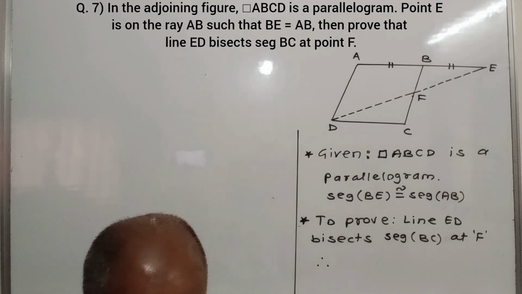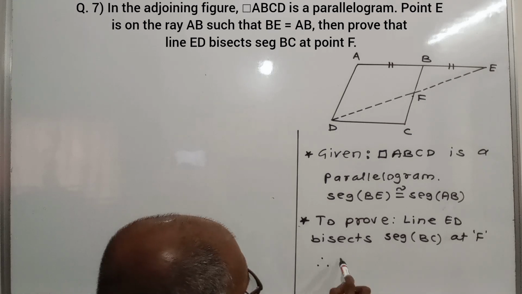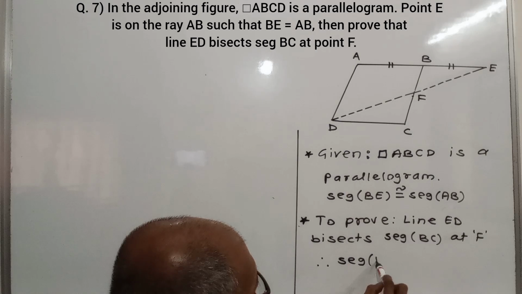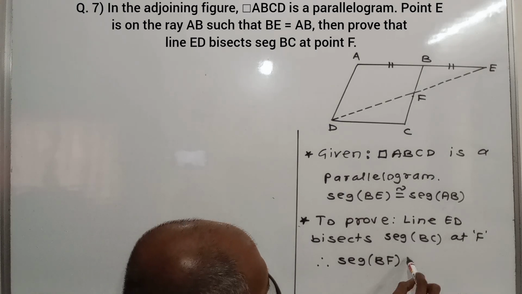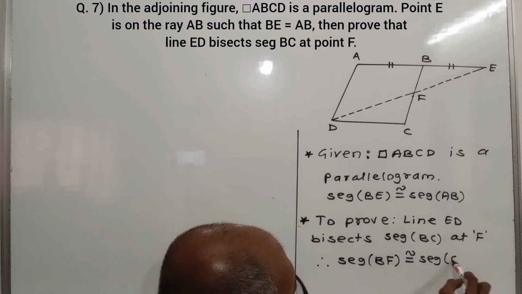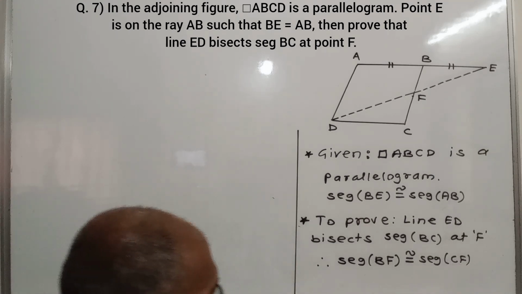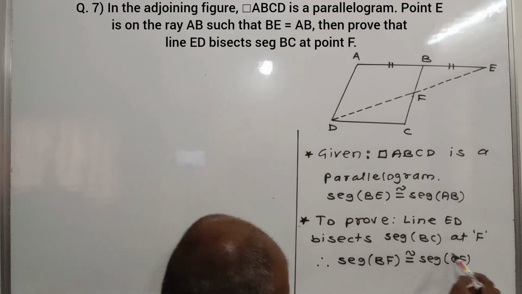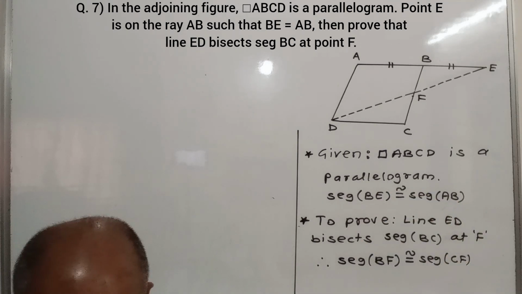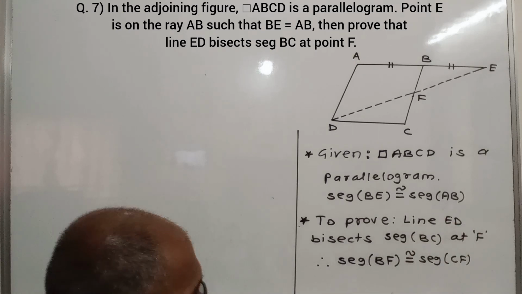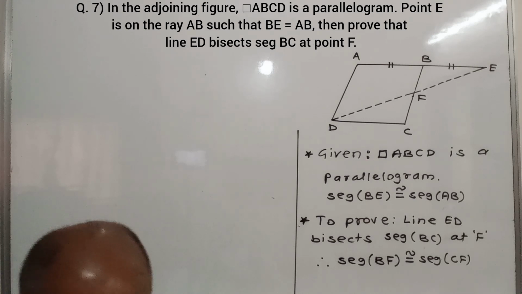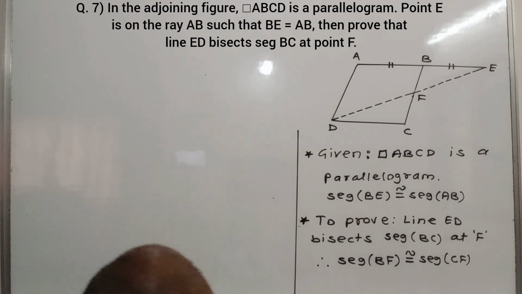I told you. We will first prove segment BF congruent to segment CF, and after that, we will write line ED bisects segment BC at point F. Did you get it up to this?